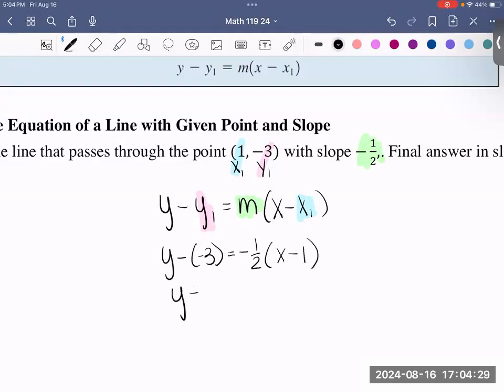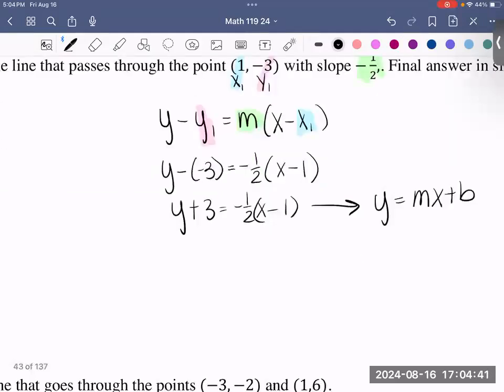So we have a +3, -1/2 x minus 1. And now we need to convert into y equals mx plus b. So we can do this by first distributing in. And if you can, I would encourage pausing the video and trying it yourself. So distributing your -1/2 throughout to make a +1/2.